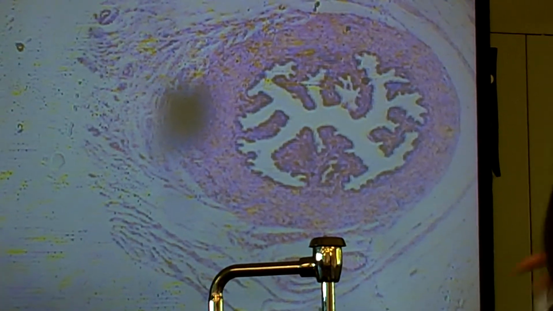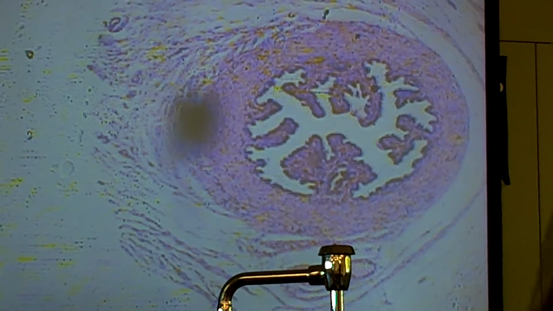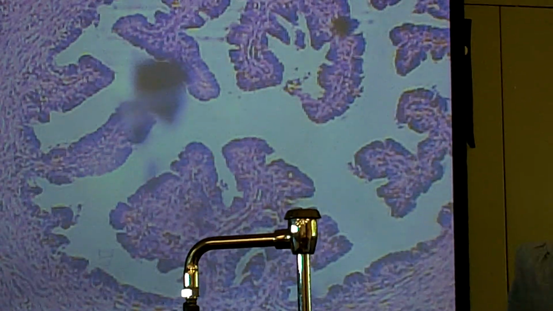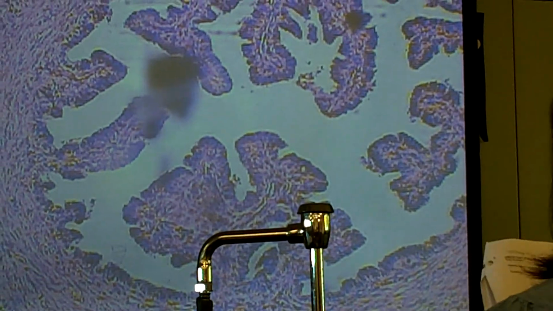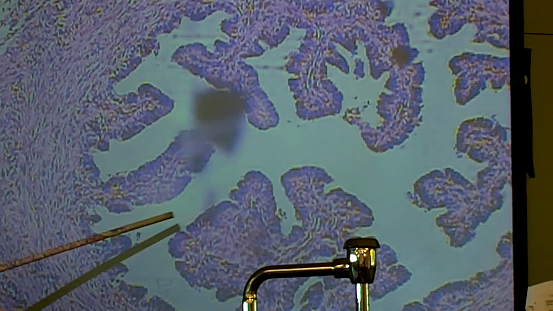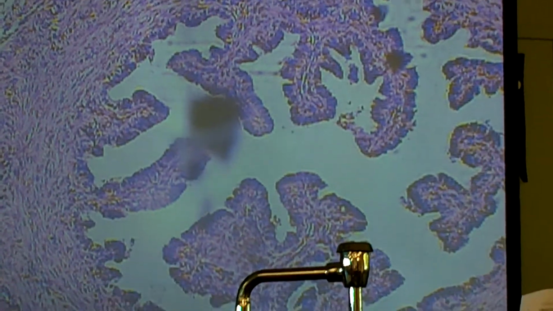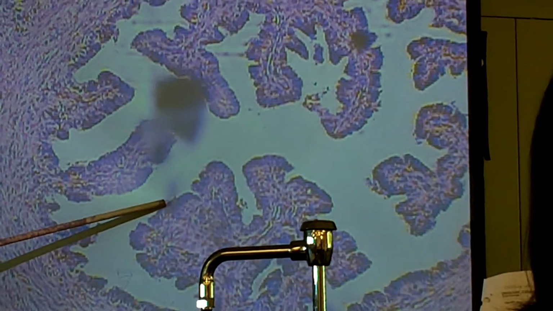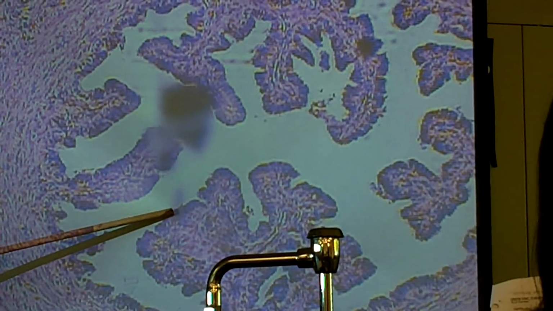And let's take a little closer look. Now it's hard to tell from here, but these are actually ciliated cells. So if we put the pointer on the purple layer that's going all the way around, and say name the specific tissue type, ciliated columnar epithelium.